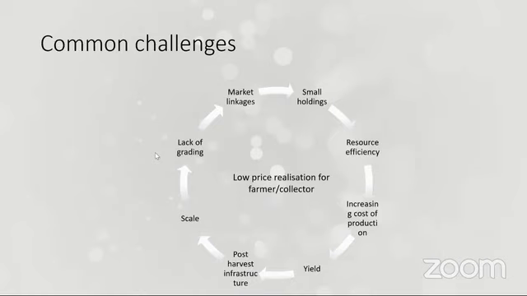Because of which the intermediaries like kuchias, the local traders, play an important role in aggregation of produce. Apart from that, we have seen that most of the farm produce sold even in mandis, farmers do not grade the produce, and because of which there is a lack of transparency in price.